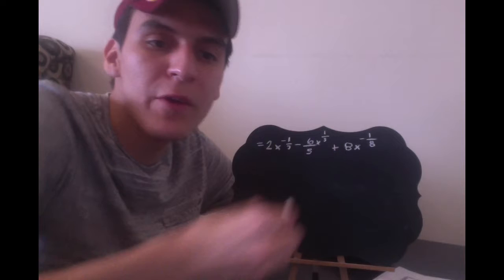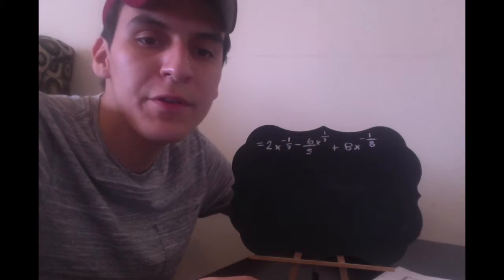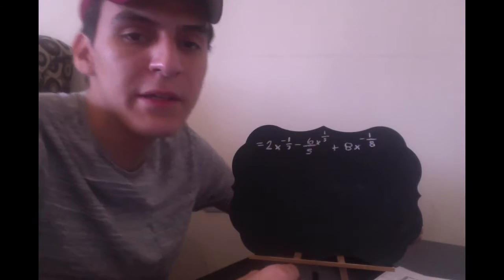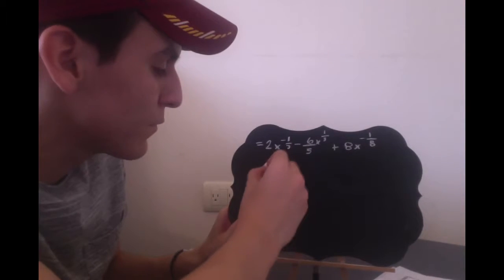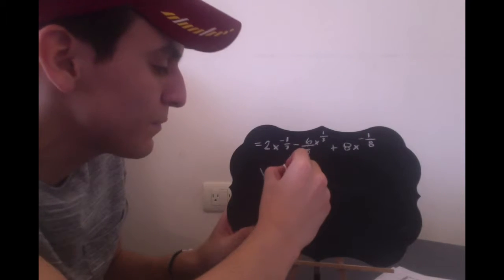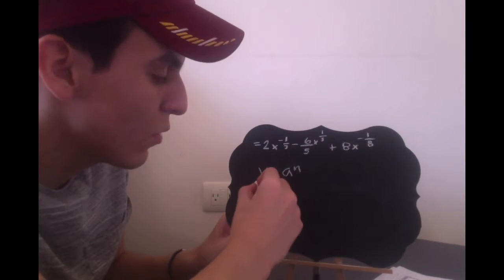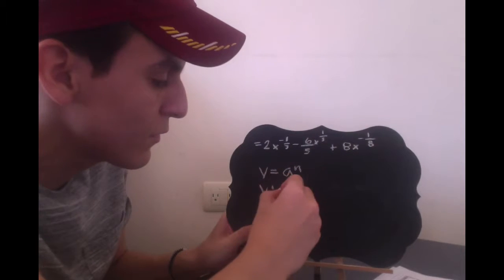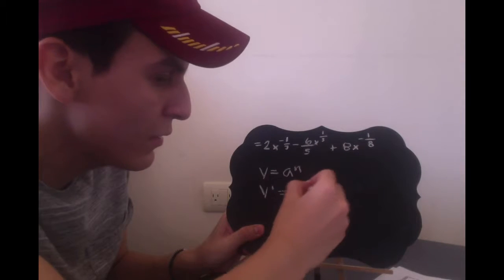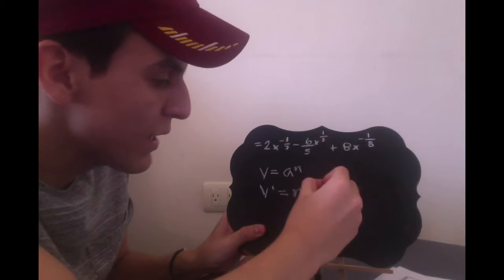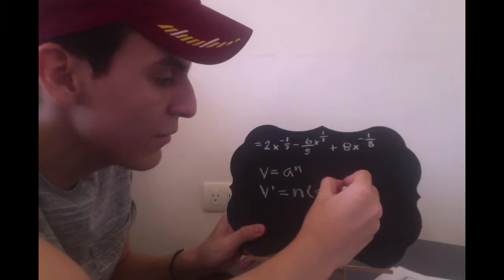After simplifying our equation, now we are going to differentiate it with our basic rule: if y equals a to the power of n, then y prime equals n times a to the power of n minus 1.